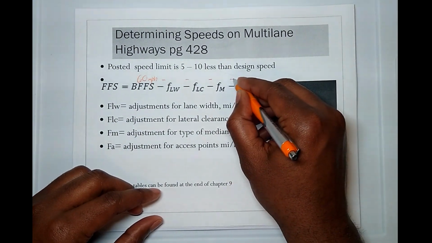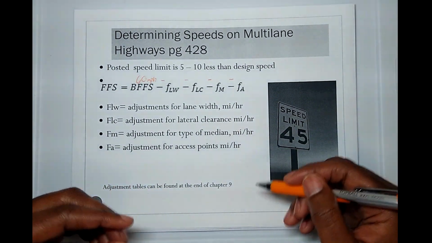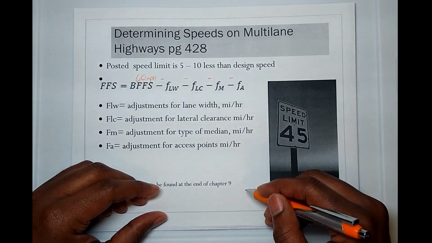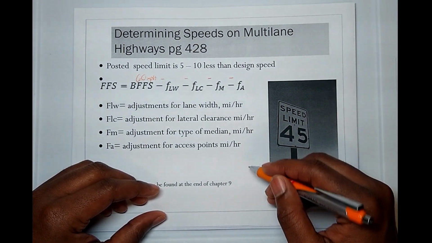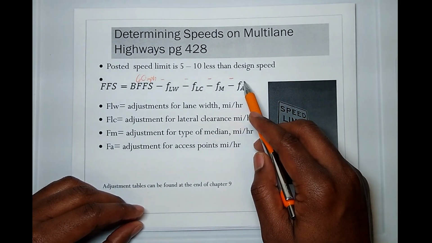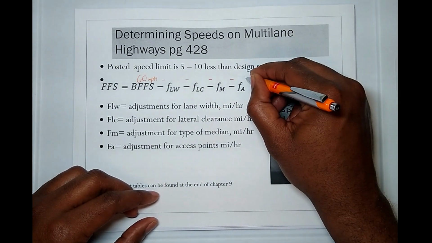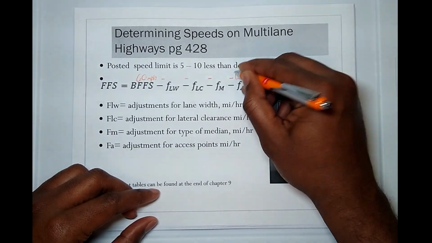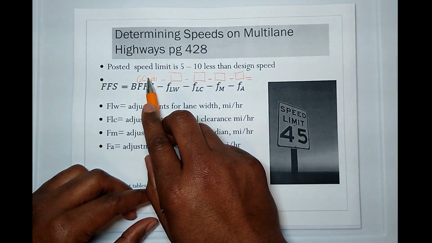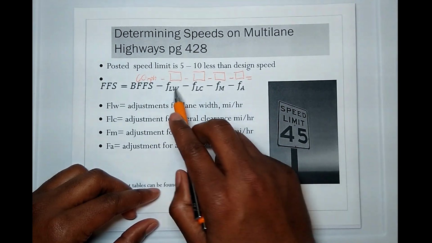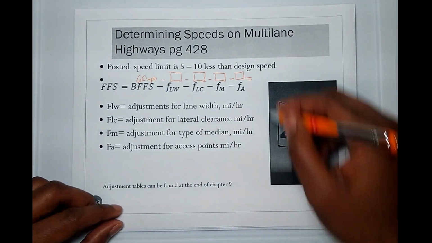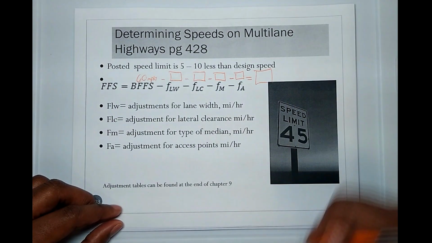And then if there's a lot of access points, multiple intersections, so to speak, or multiple driveways that can be used to access that main freeway or that main highway, then there will be an assigned number that would subtract from 60 miles per hour, and ultimately you'll end up having a speed that is either at 60 miles per hour or lower than 60 miles per hour if any of these factors play a role in suggesting a decreased speed, which will be calculated at the end.